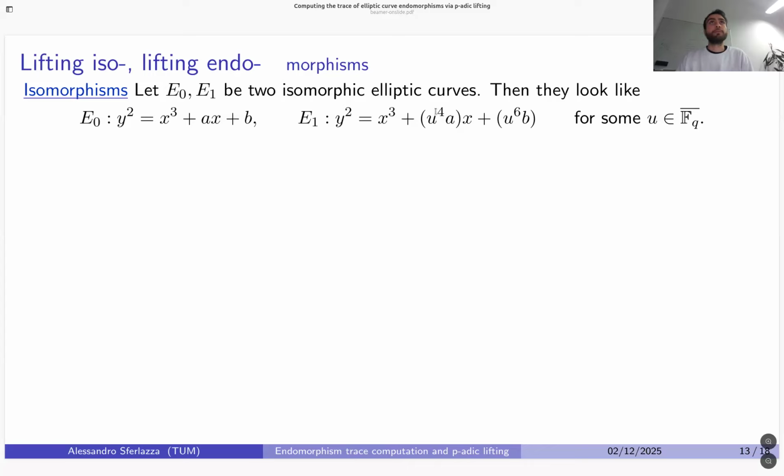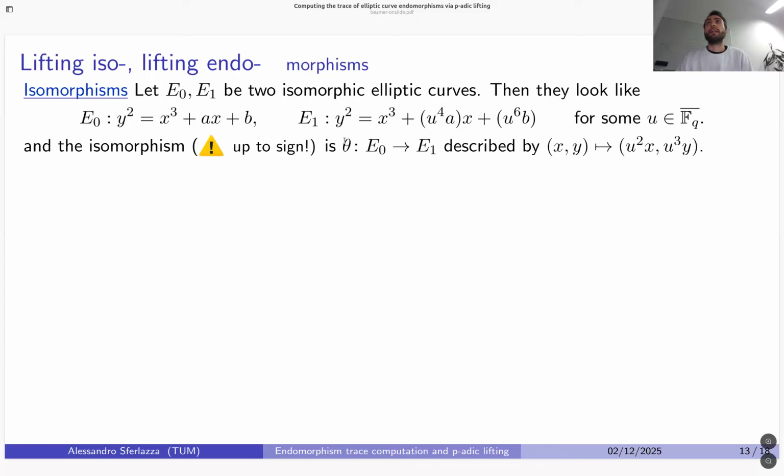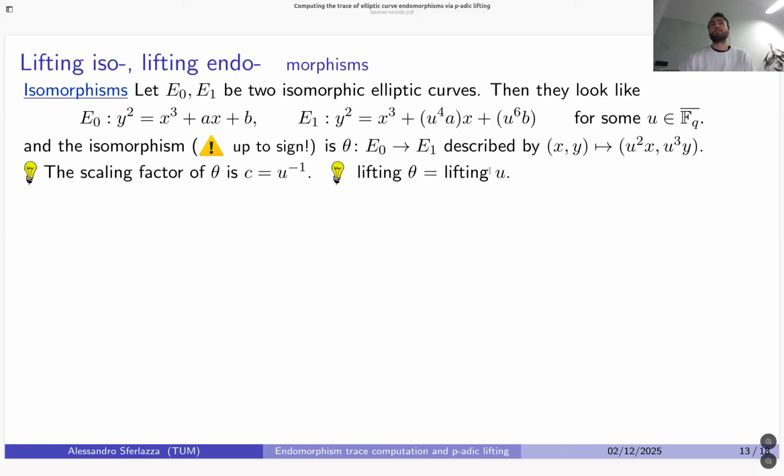And this u, up to sign, also determines an explicit isomorphism between the two curves. That is, even at the level of coordinates, just a rescaling by a power of this u. So the thing is, lifting an isomorphism amounts to lifting this number here, this u, an isomorphism factor.